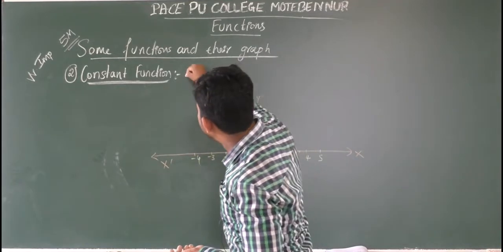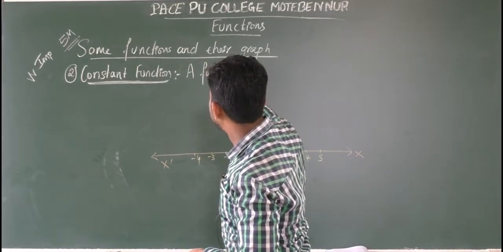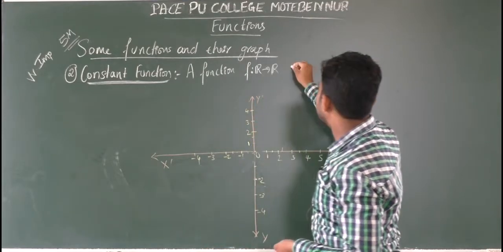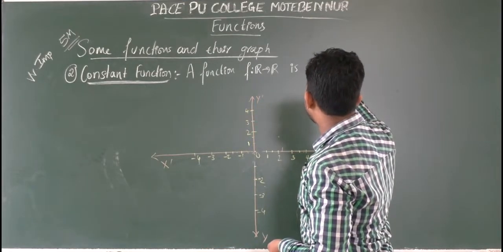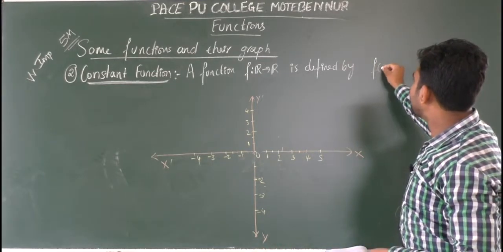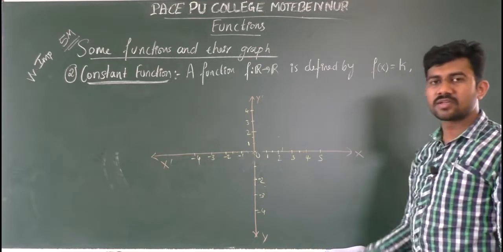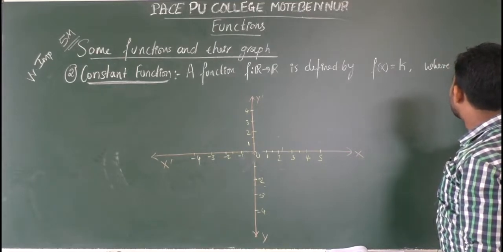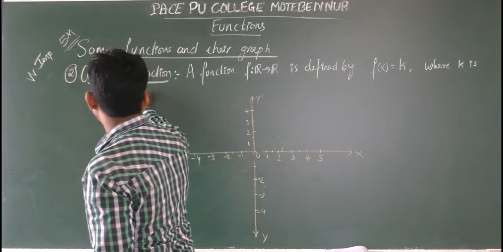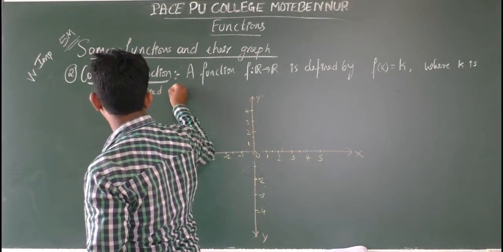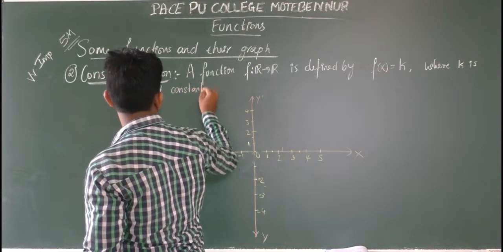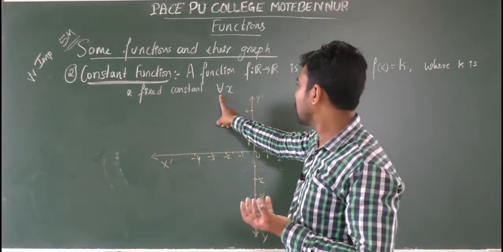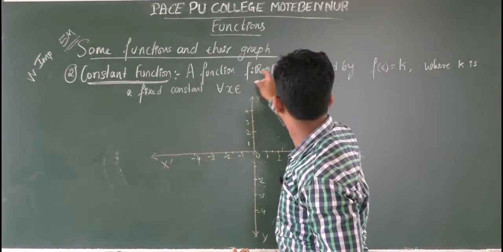A function f from R to R is defined by f of x is equal to k, where k is a fixed constant, or a constant, for all x belongs to the domain.